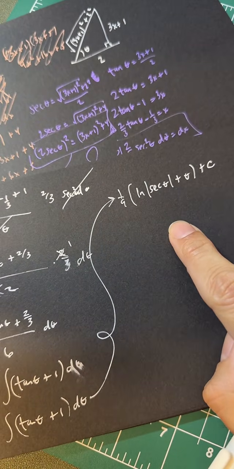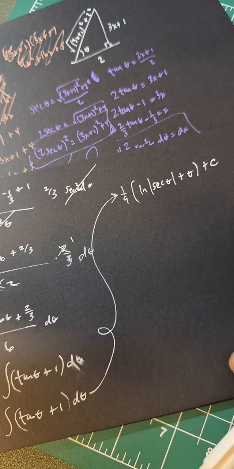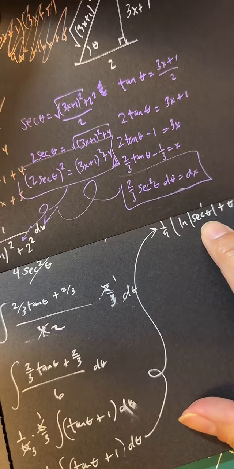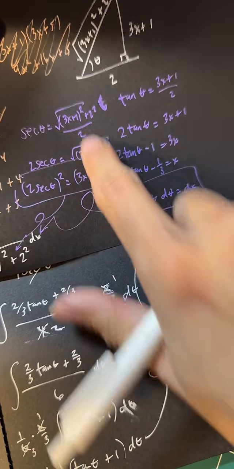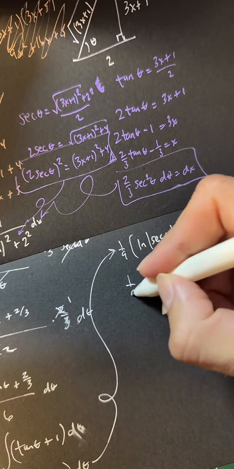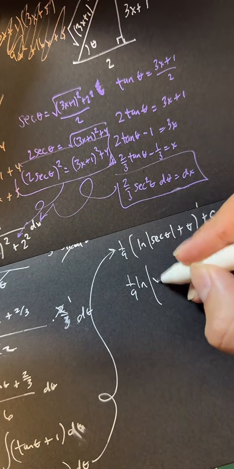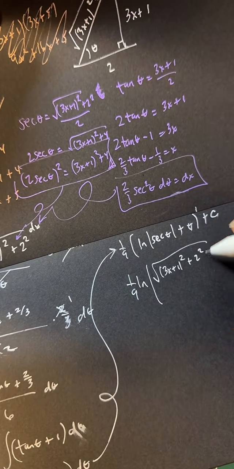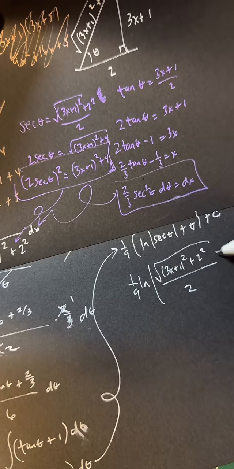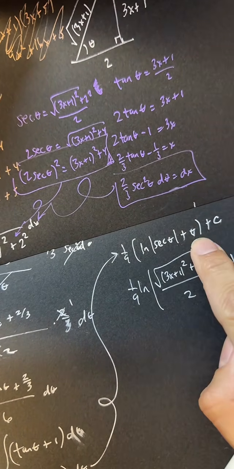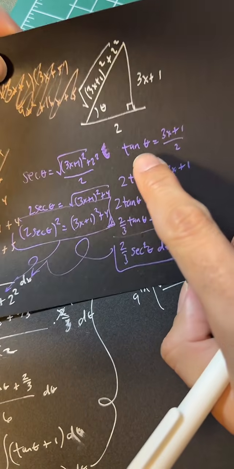Okay, now we're basically done, but we need to rewrite this back in terms of x. Well, we know secant theta. Secant theta is this entire thing over here, so that's what we're going to write in here. So we'll do 1/9 natural log of the square root of (3x plus 1) squared plus 2 squared, all over 2. And then plus 1/9 theta, because I distributed the 1/9 to the theta. Well, for theta we have to go back over here.